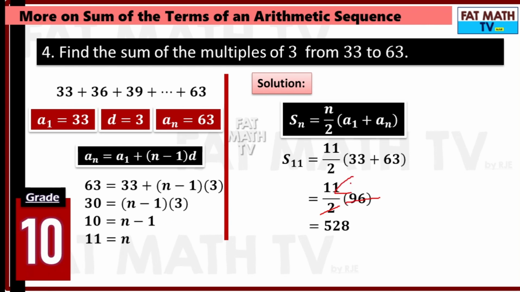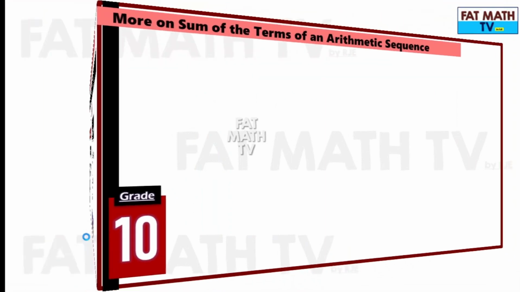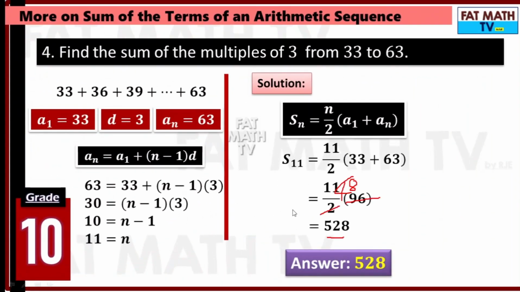That's going to be 48. And 11 times 48 will be 528. So the sum of the multiples of 3 from 33 to 63 is 528.